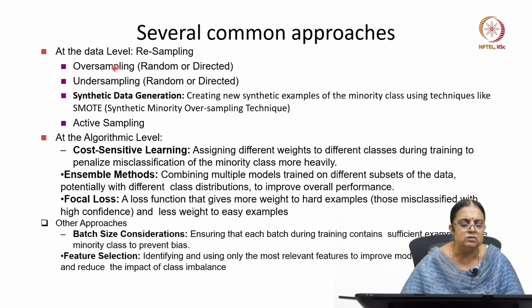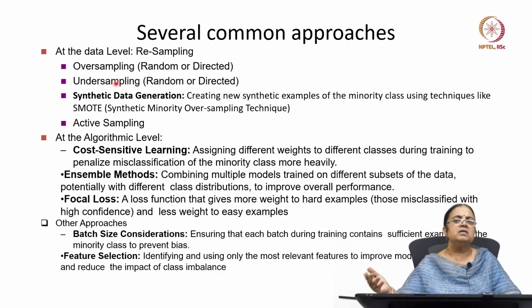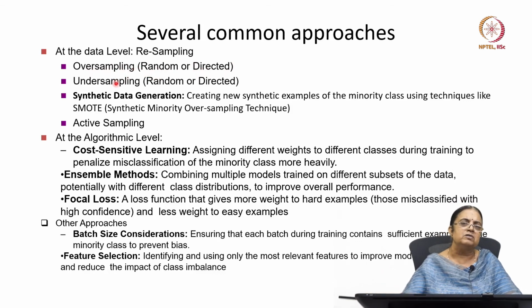First one is what is called oversampling. What you do is you take the minority class and you add more examples, whichever way you do it. And undersampling, where you take the majority class and you remove some of those patterns.